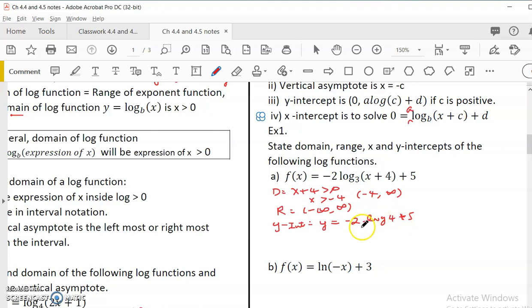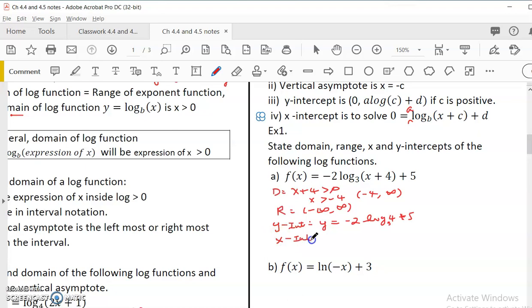If you put it in the calculator, it will be -2 times log base 3 of 4, plus 5, and I think we'll just leave it like that, and that would be our y-intercept without calculating.